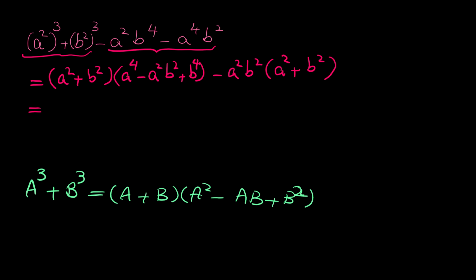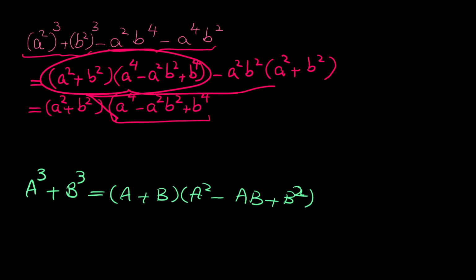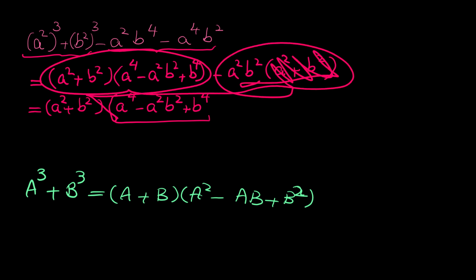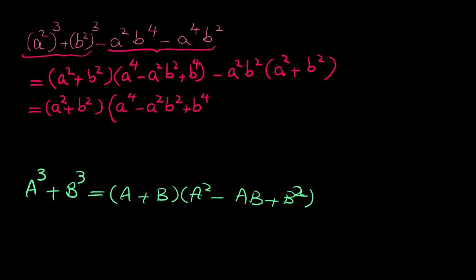So we can factor this from these two. Basically we can write this as a² plus b², and then we have a⁴ minus a²b² plus b⁴. This is from the first term, and from the next term, if we factor this, this is what remains: minus a²b².